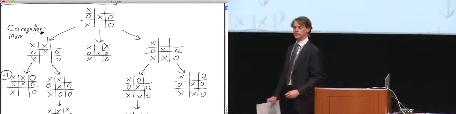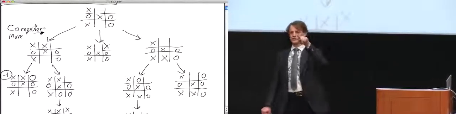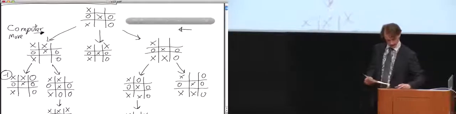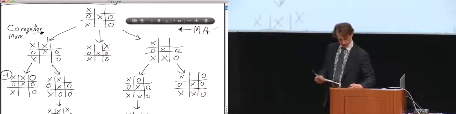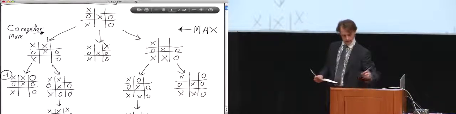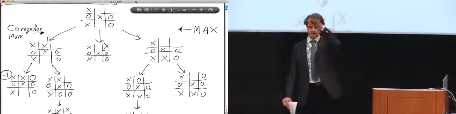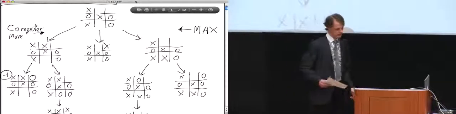And whenever you're doing a computer move, you look at all the different children, you compute their scores, and you take the maximum. So you can think of this bunch of arrows as being a max level, where we're going to look at the 3 children, look at their scores, take the maximum, that's the parent's score.